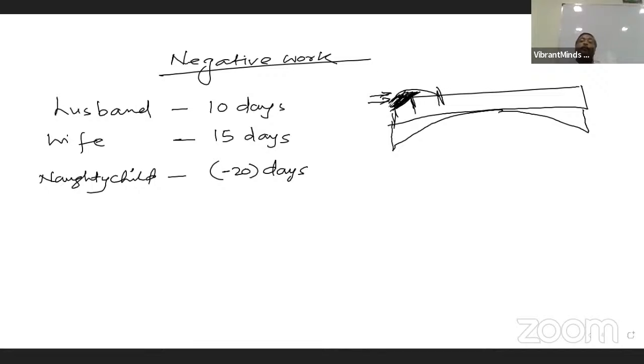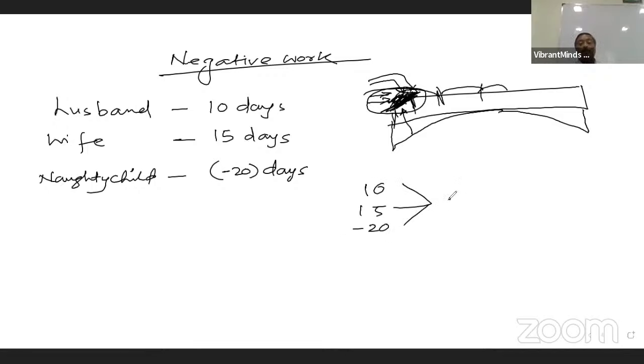At the end of the day, they see this part has been broken. Next day, they repair first and then continue from here. Again at the end of the second day, they see this part has been broken by our child. Let's repair it on the third day. They will repair and then proceed. So what they are getting is a delay in time, just because this work is getting destroyed by their son. So this is negative work. And that's how we approach. Now let's say 10, 15, and 20 days.